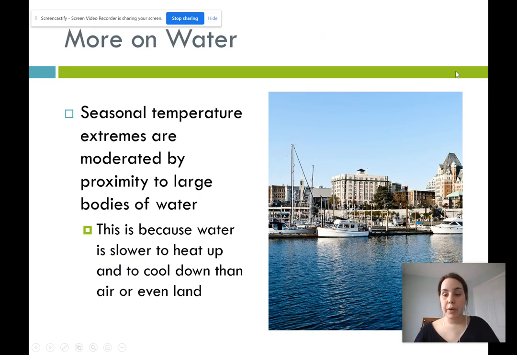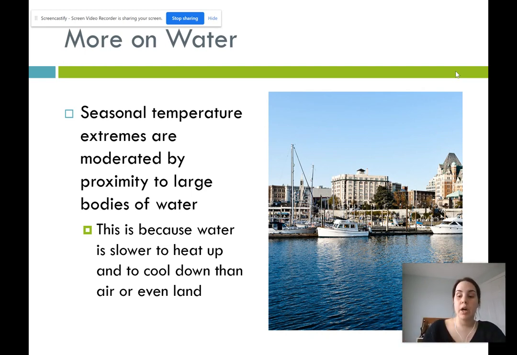Not only that, but also just proximity to large bodies of water can really impact your seasonal temperatures. In general, areas that are really close to large bodies of water tend to have more moderate climates. What that means is they don't get as cold in the winter, but they don't get as hot in the summer. It's more consistent, versus getting really hot summers and really cold winters.